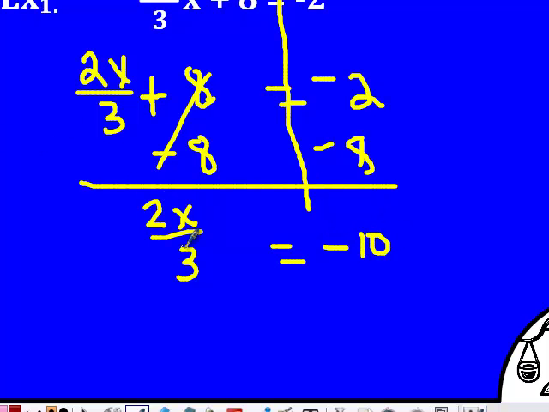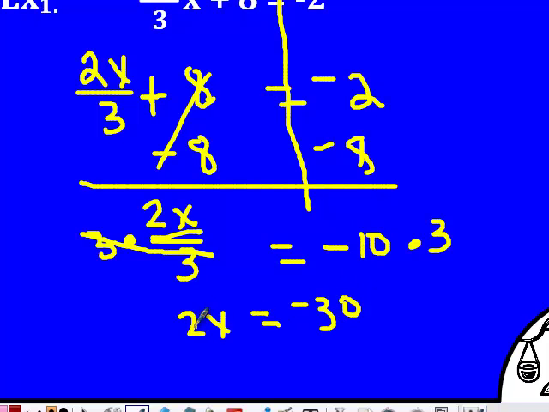Now I have 2 times x divided by 3. The last thing was divide by 3, so we undo divide by multiplication. If I multiply on the left, I must multiply on the right. 3 times 1/3 gives me 1, leaving me with 2x equals -30.